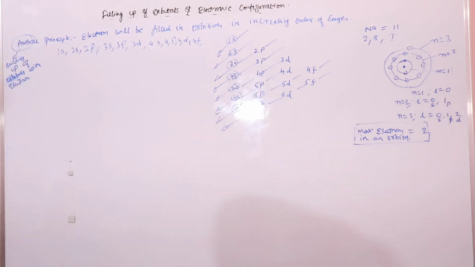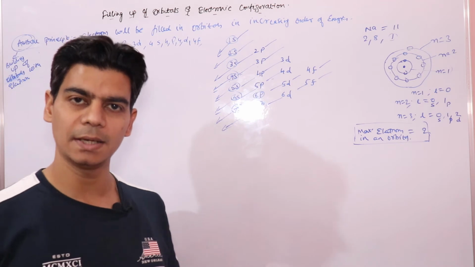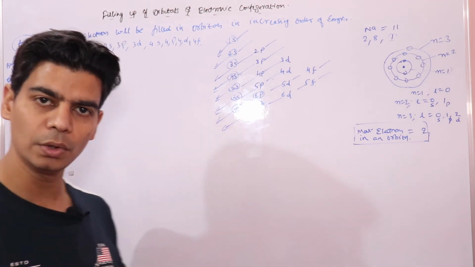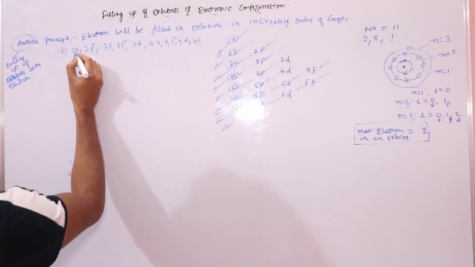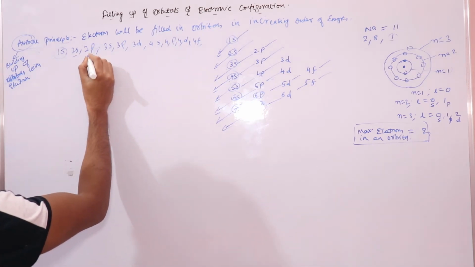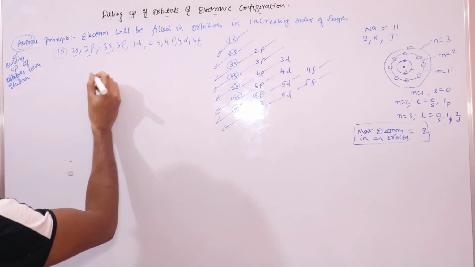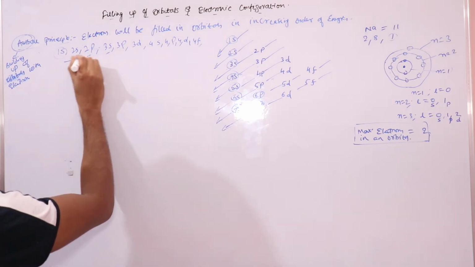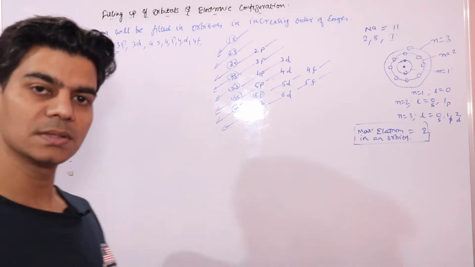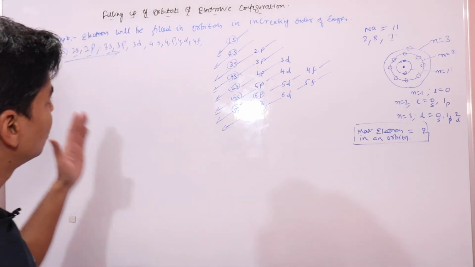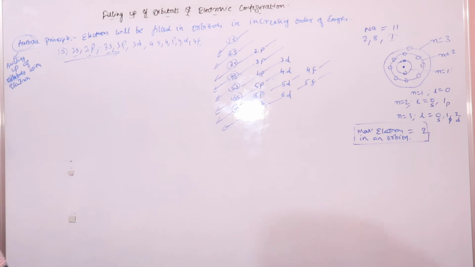So the first electron will go into the 1s orbital. The second electron will go to the 2s orbital, then the 2p orbital, then the 3s orbital, and in this direction the energy of these orbitals is increasing. So this is what it says.